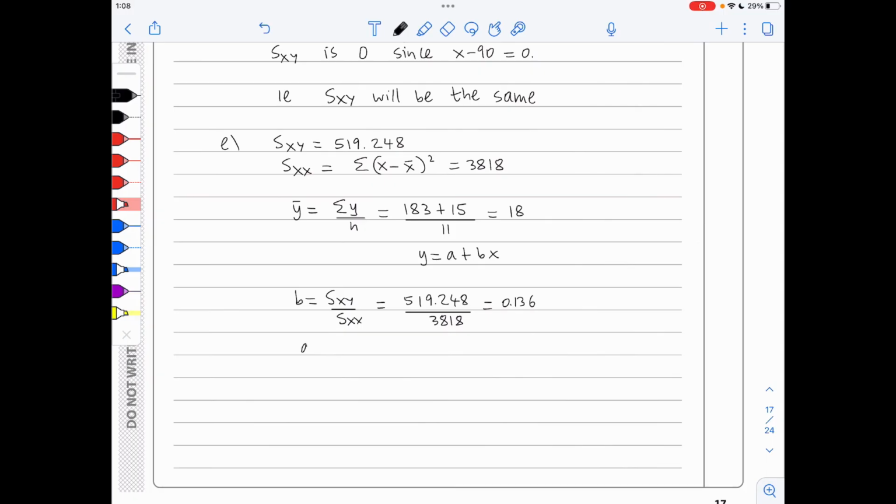And then for a, it's going to be y bar minus b x bar. So it's going to be 18 minus 0.136 times the new mean, which is 90 as before. And therefore, this gives an answer of 5.76, leading to the new equation of the regression line being 5.76 plus 0.136x.